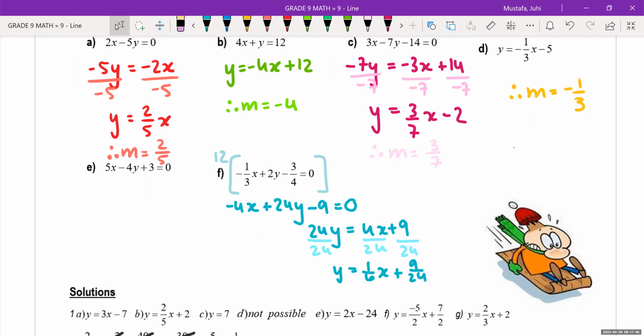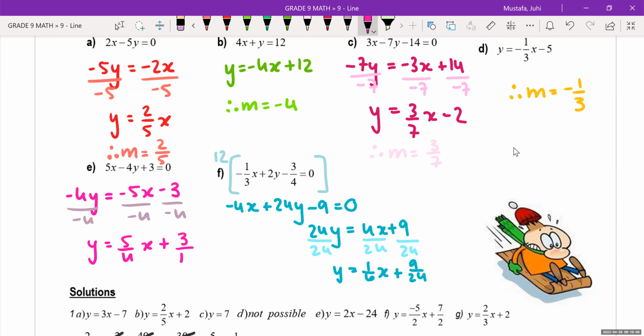Yoda, go ahead. Minus 3? Yep. Yep. Y is equal to 5 over 4x plus 3 over 4.